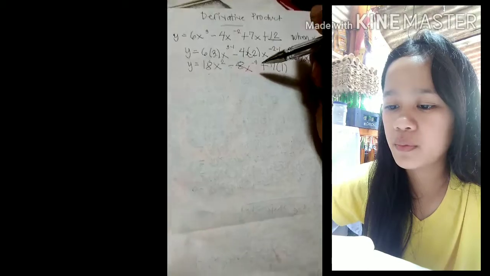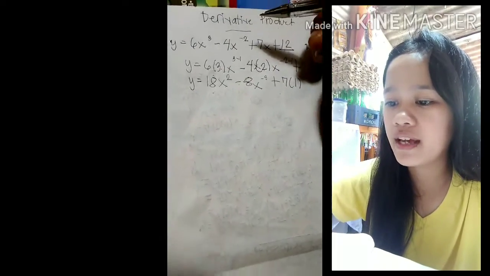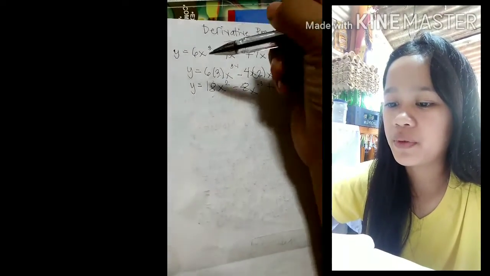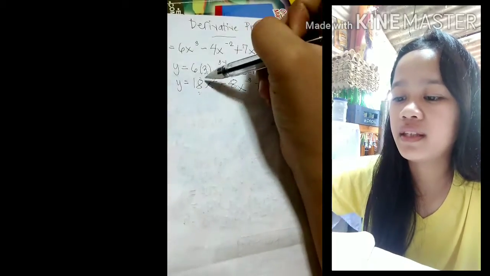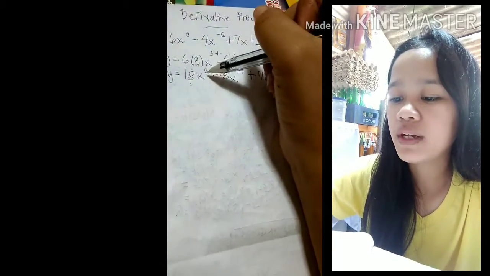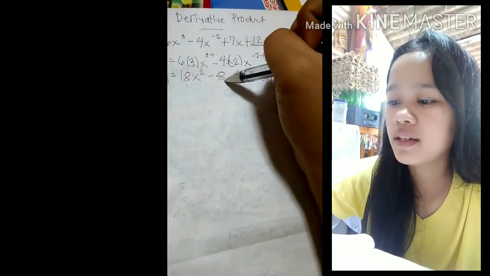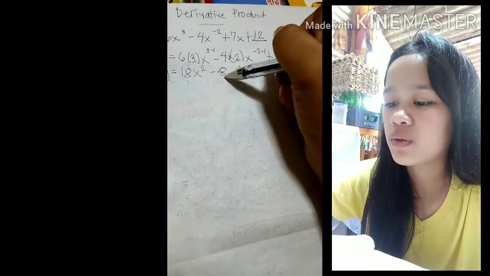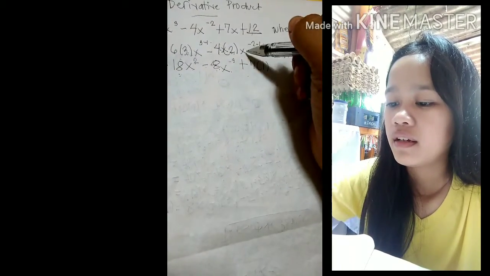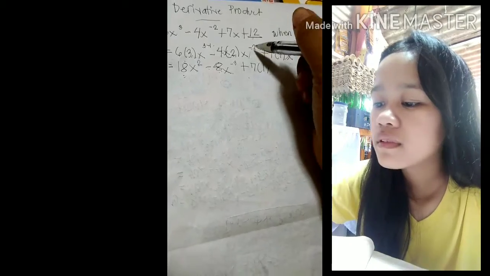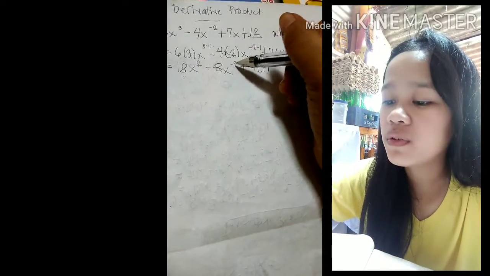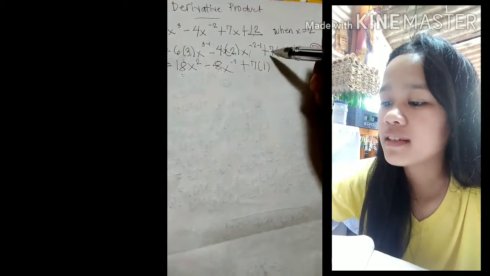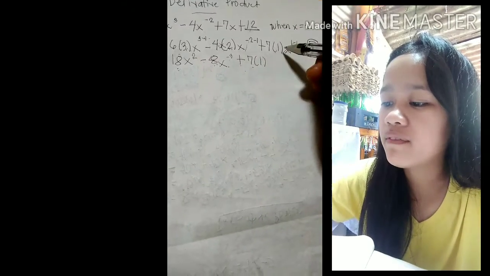So next, we're going to multiply the numbers and subtract the exponents. So 6 times 3 is equal to 18, cube minus 1 is equal to squared. Minus 4 times 2 is equal to 8, squared minus 1 is equal to x. Plus 7 times 1 is equal to 7.